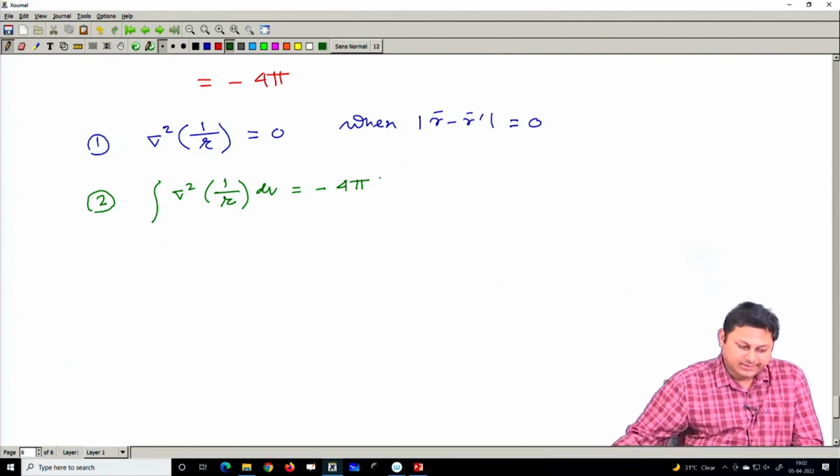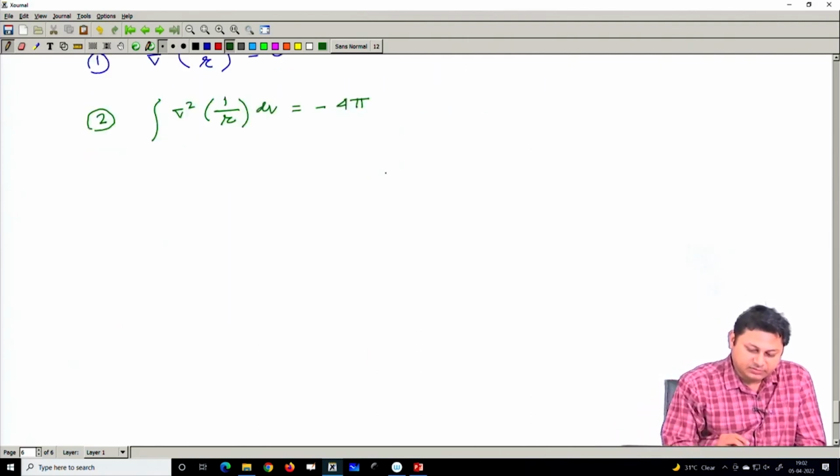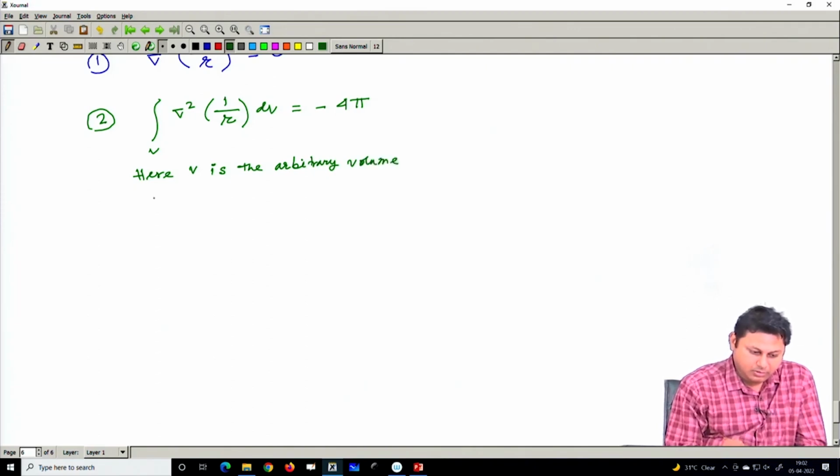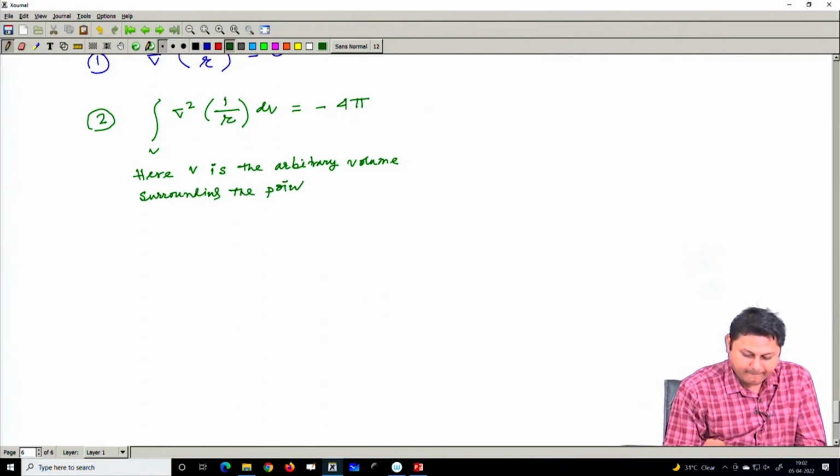Okay. So, where V is the volume integral here, you should note that V is the arbitrary volume surrounding the point r equal to r prime.